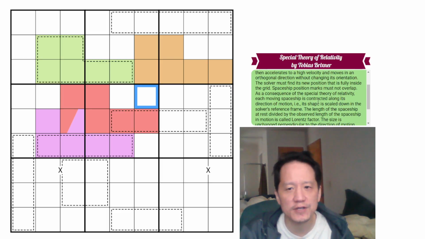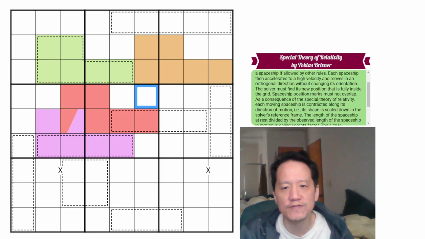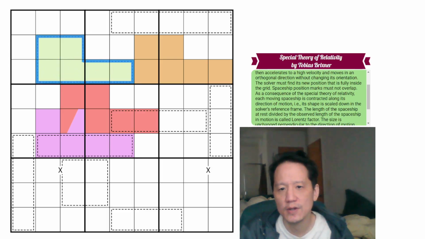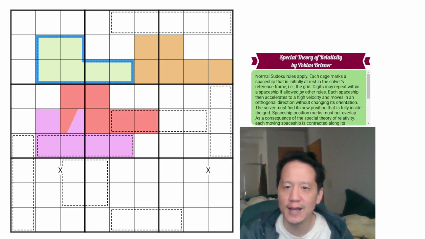And we have to find the new position, and the new position must be fully inside the grid. So it cannot go like this because it doesn't fit all the cells in the spaceship. Another rule is spaceship position marks must not overlap.